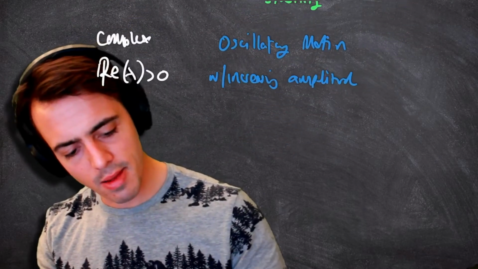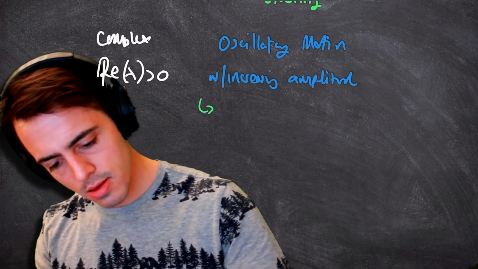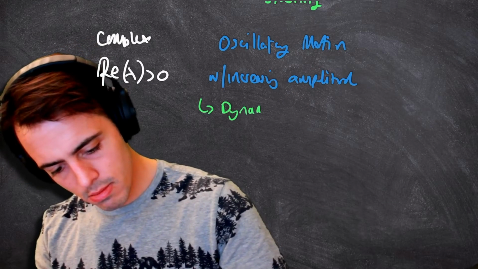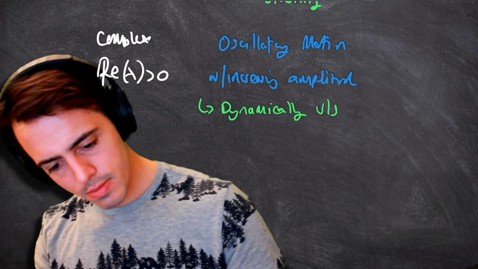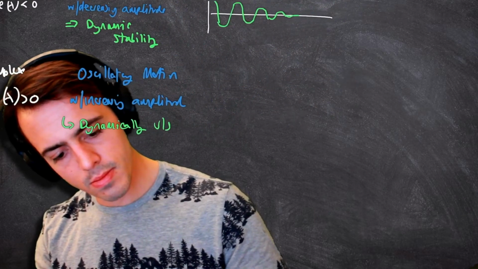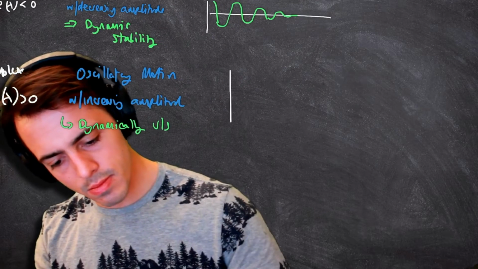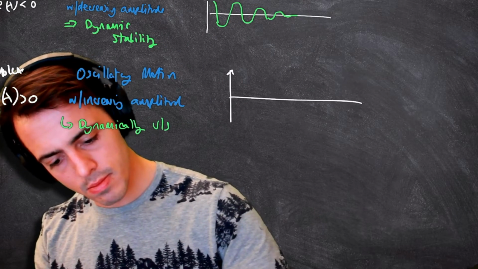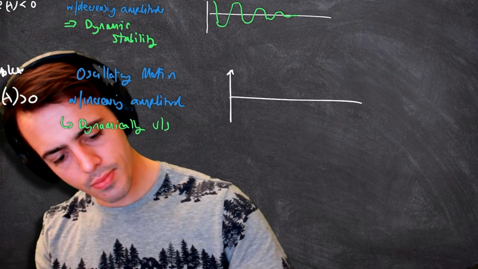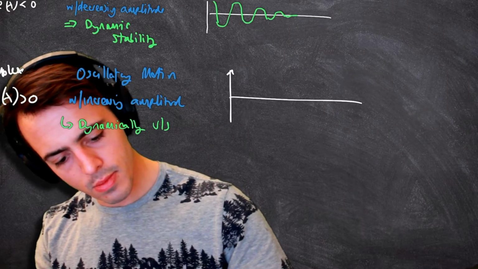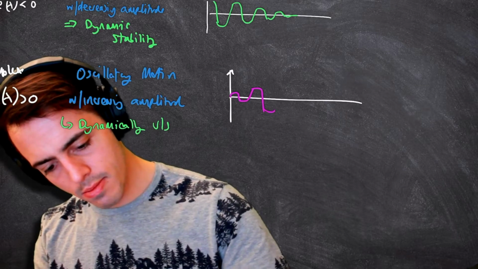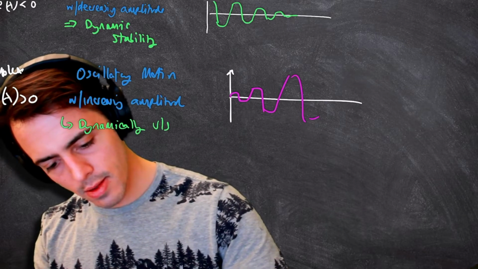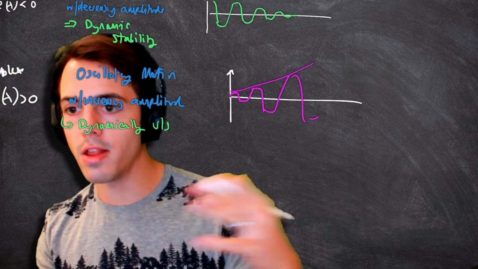Sorry, dynamically unstable. So against time, you'd see oscillations increasing with time. This is exponential increase in the size of any oscillations here.